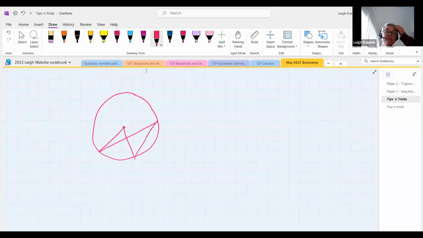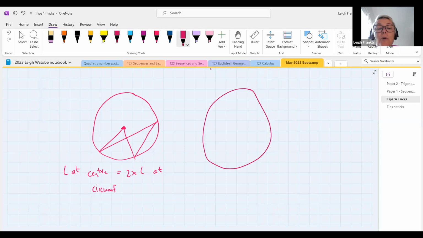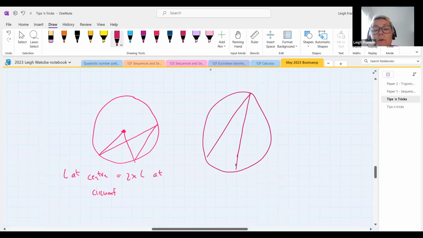This is angle at center equals 2 times angle at circumference. One vertex is in the center. Do not get confused with angles in the same segment. With angles in the same segment, all 4 points are on the circumference. Can you see the difference here?